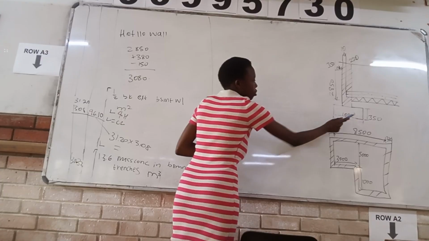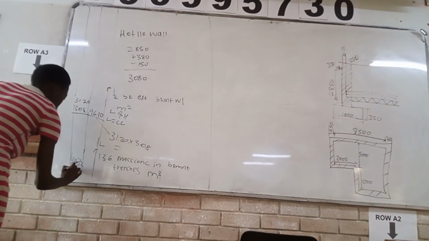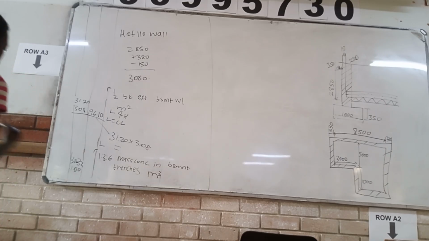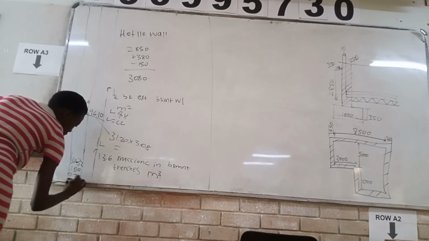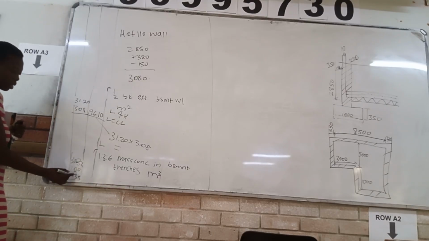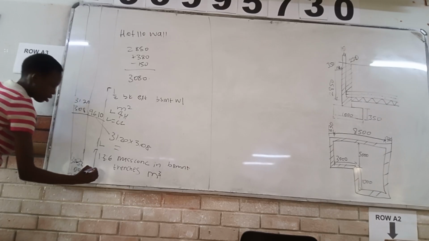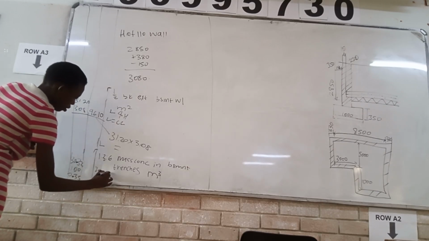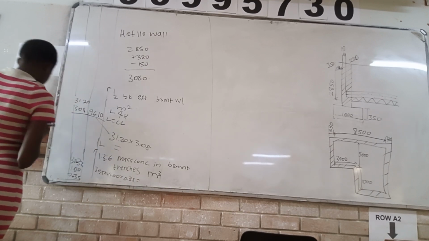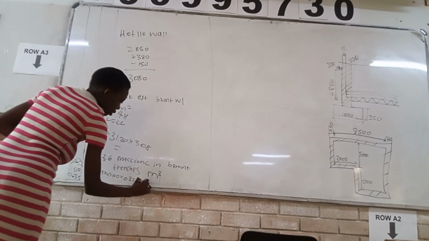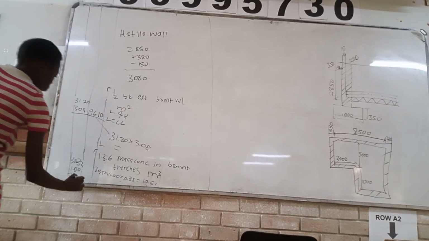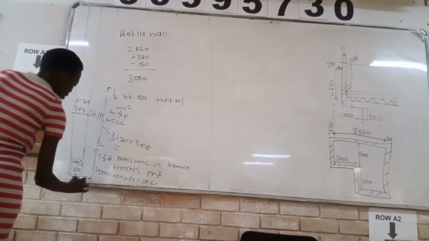Remember, the width of the concrete is 1,000, so it is 1,00, and then the height is 0,35. So let us square 30,32 times 1,00 times 0,35, which gives 10,61. So 10,61, and then you underline.